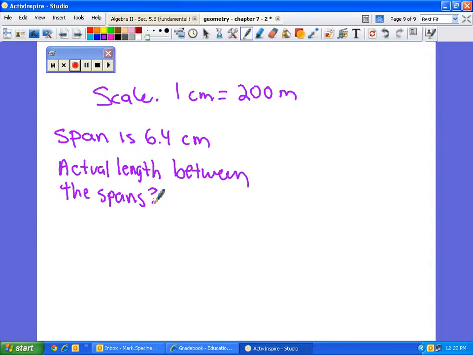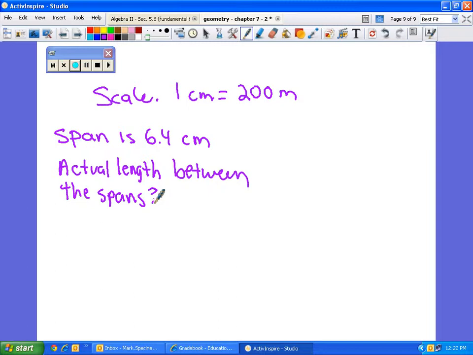Okay? So, what we need to do is what? How are we going to solve this problem? Bill? We're going to make a proportion. Now, again, my suggestion is to do little over big.